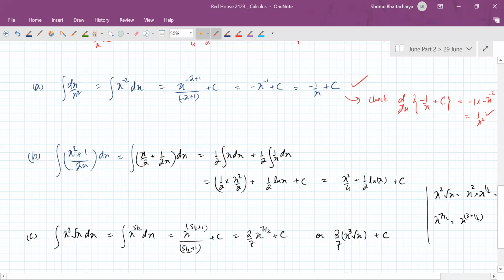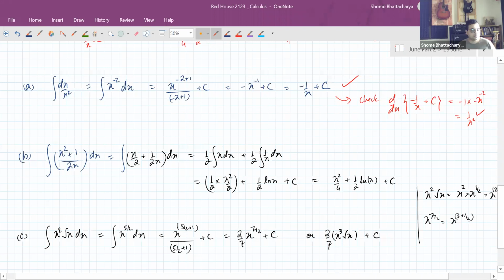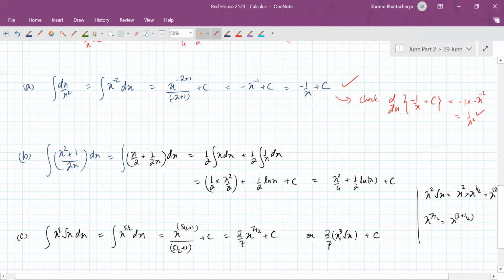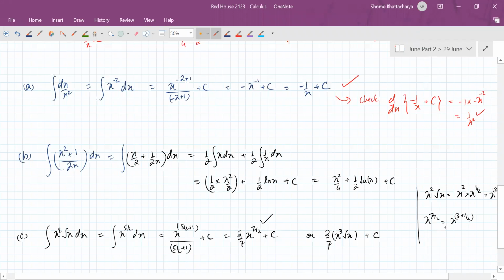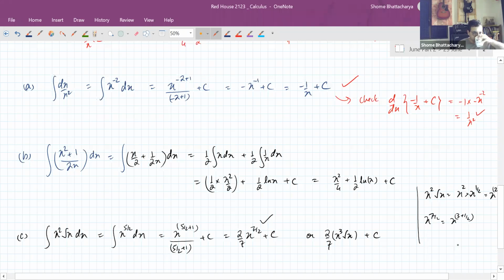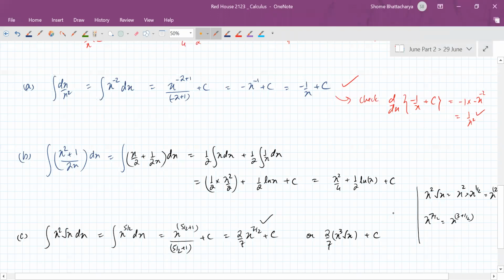Which one? Sir, the final answer, this x cube root x. No, see, x to the power 7 by 2 is correct, no? You got up to this? Yes, sir. So 7 by 2, when you split it, how is it split? It's 3 plus half, no? Yes, sir. So it's x cube into x to the power half. So it's x cube root x. Got it, no?